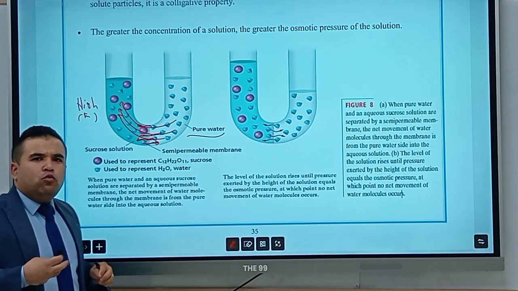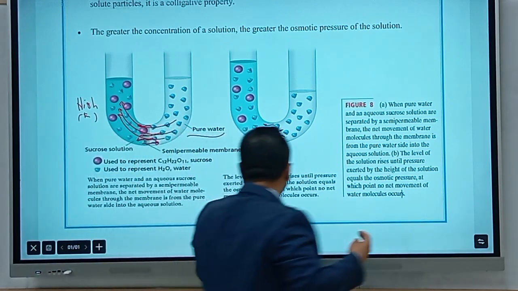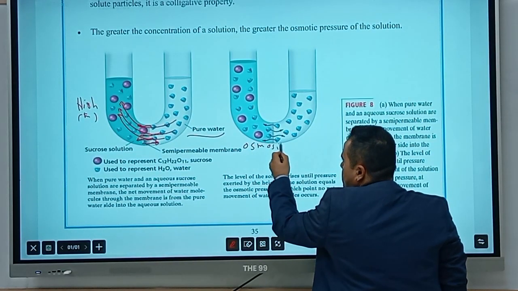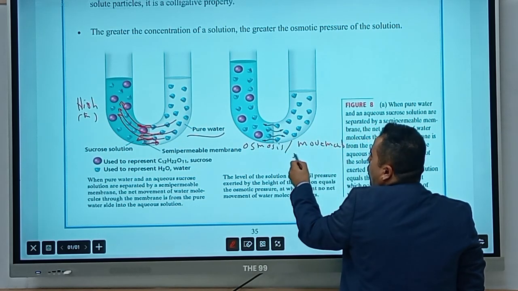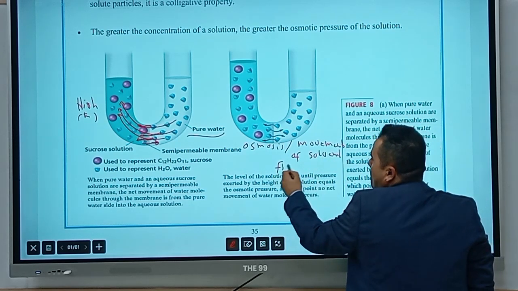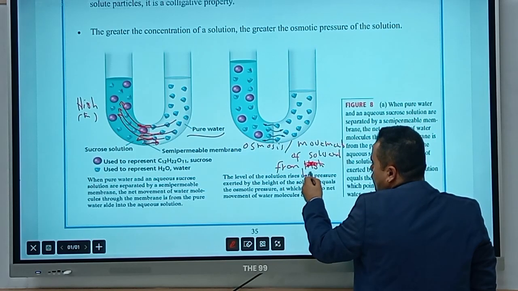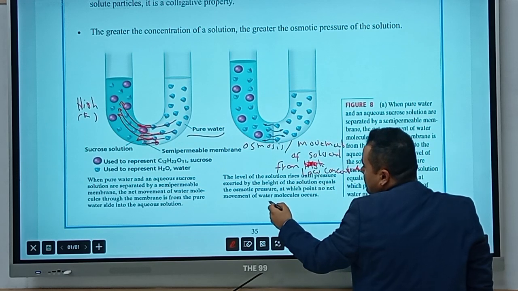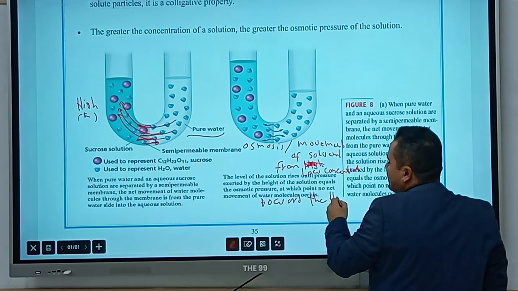And this movement, we call in chemistry osmosis. So what is osmosis, guys? Osmosis is the movement of solvent from the low concentration side toward the high concentration side.